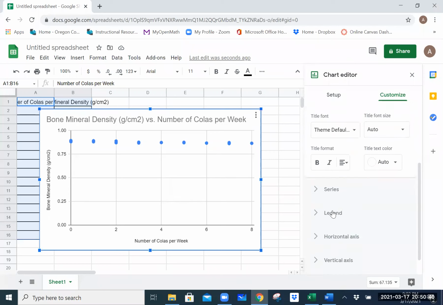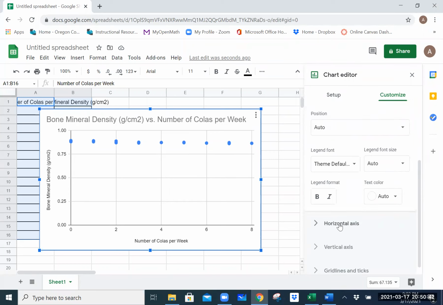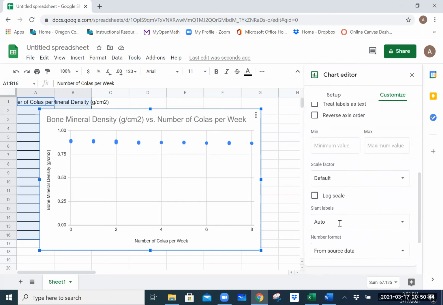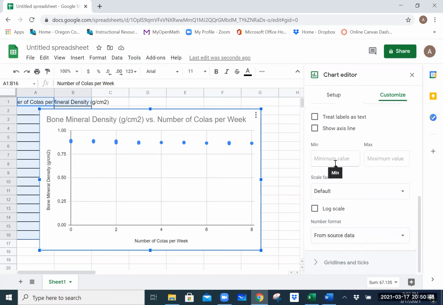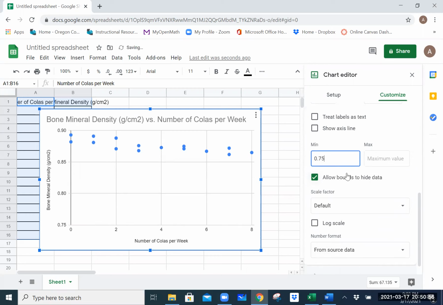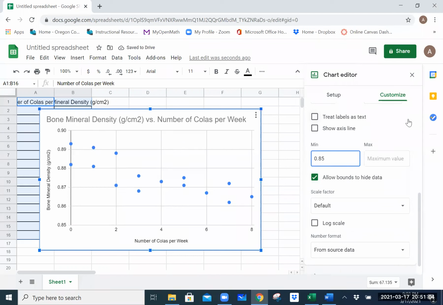Oh, here we go. Horizontal axis and vertical axis. Okay, so minimum number. It looks like I at least want to get to 0.75. Oh, even shorter. Okay, so 0.85. There we go. That looks really good.